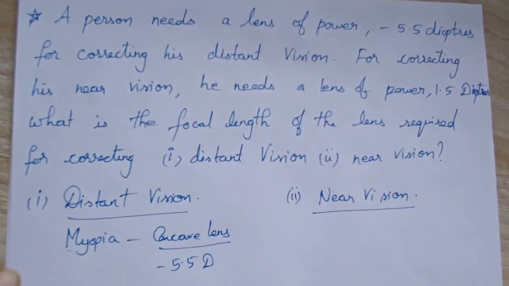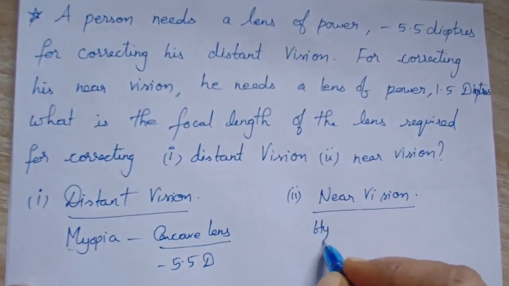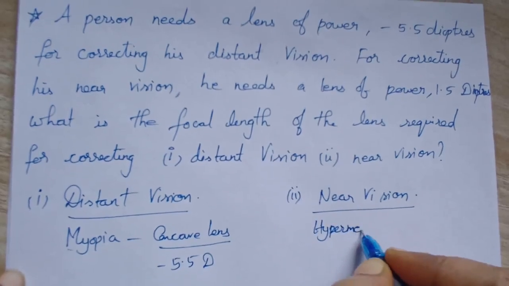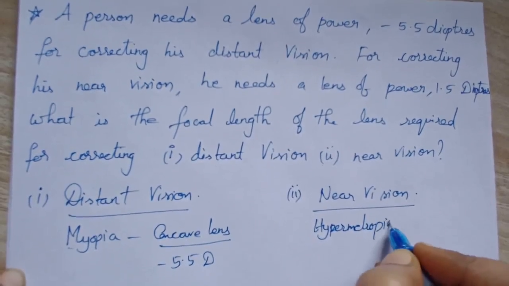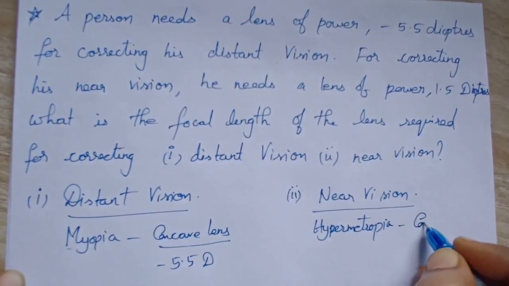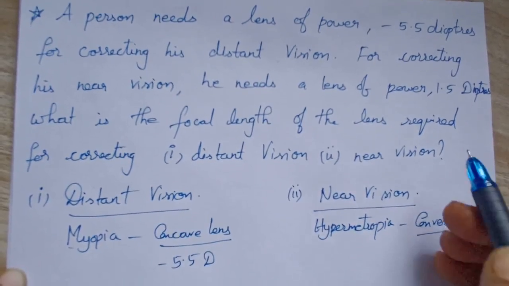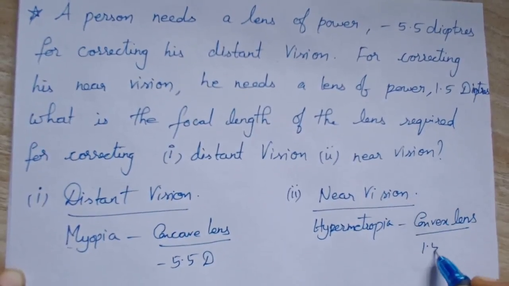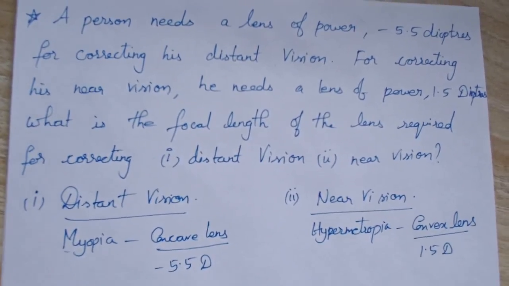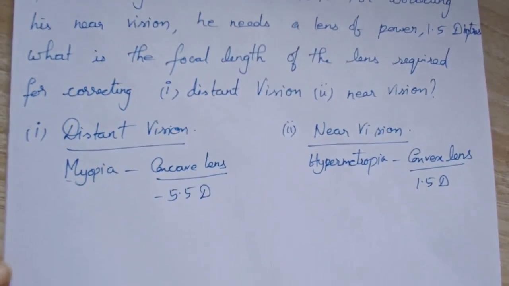For the near vision, that means hypermetropia, it can be corrected by using a convex lens, and that's why they are using the power of plus 1.5 diopters. So we need to find the focal length of this lens using this power.